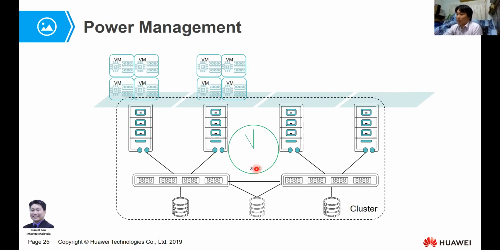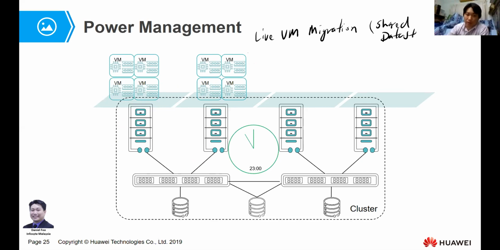When this time comes, if the load is low enough, they will try to live migrate the virtual machines to fewer nodes. So we are doing live migration here, so your virtual machine will not be going down, please remember that. This will require shared storage, a shared data store configuration. If not, you cannot provide this feature.